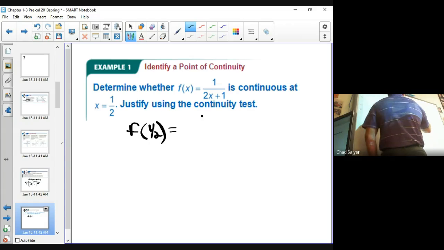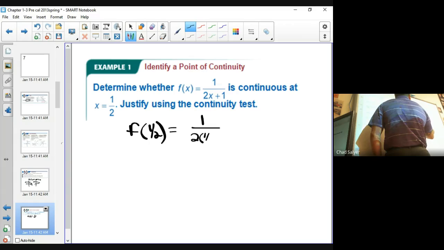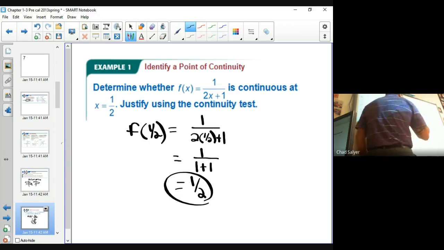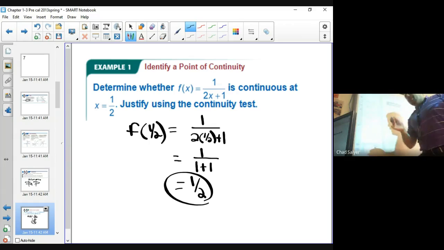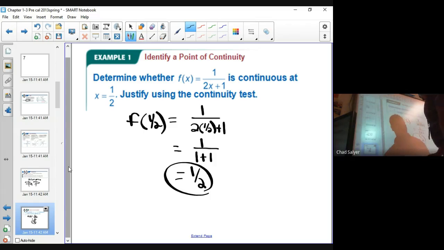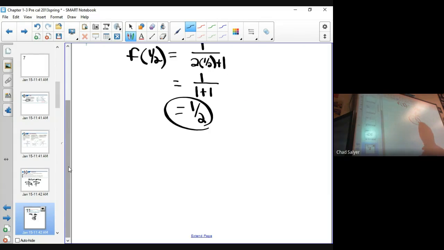If I plug this in, 1 over 2 times 1/2 plus 1, that's 1 over 1 plus 1, so it is 1/2. It does exist. There's no division by zero or anything else that happens at that point that would cause us concern. So the function exists. It passes the first part. Now the question is, does it approach the same value from the left and right?